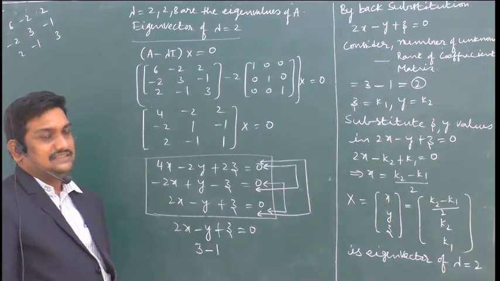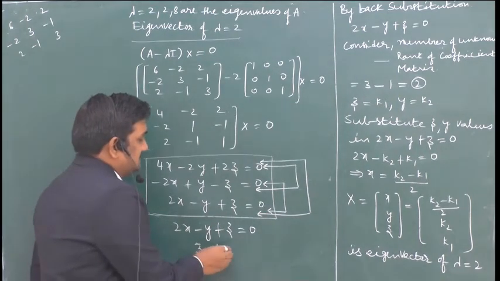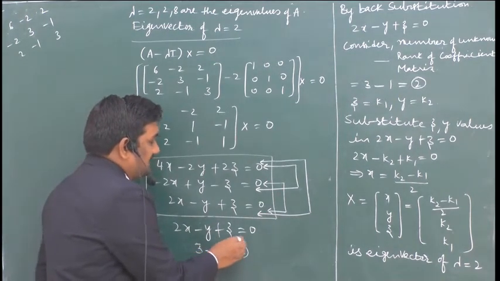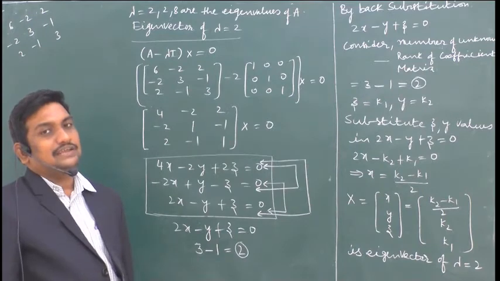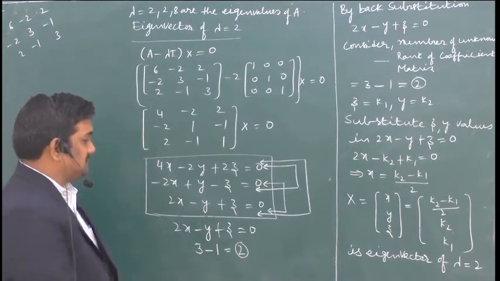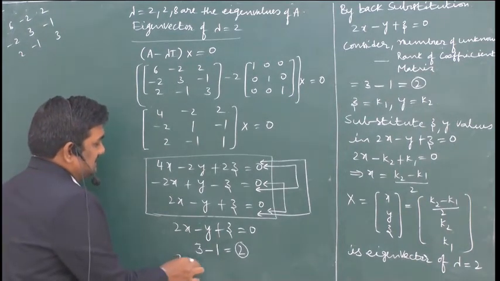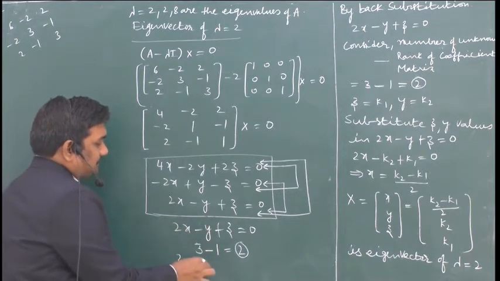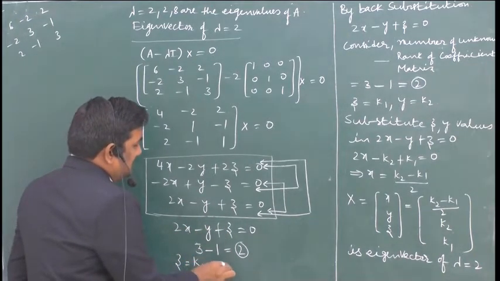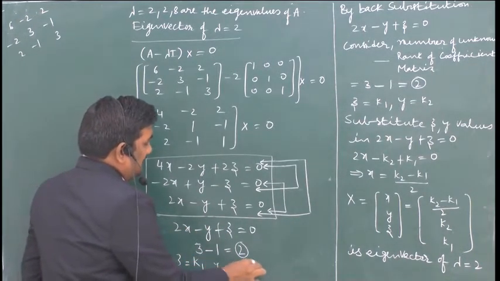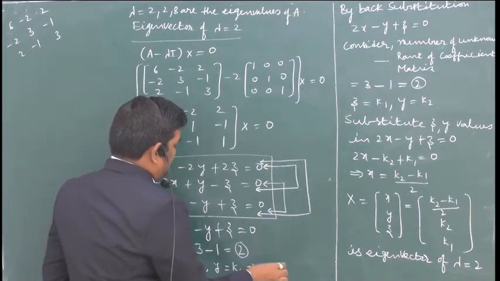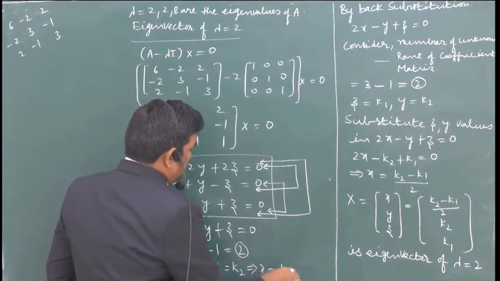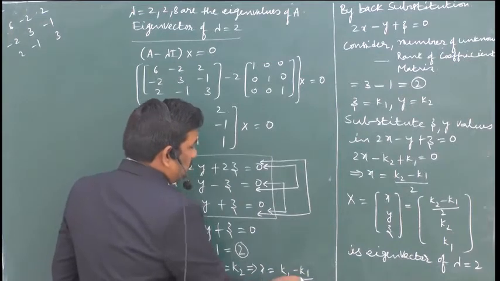Unknowns are x, y, z, that is 3, and number of equations is 1, so the difference is 2. This difference says that you need to assume two values. So let us assume z as some k1 and y as some k2, then x value will be (k2 minus k1) by 2.